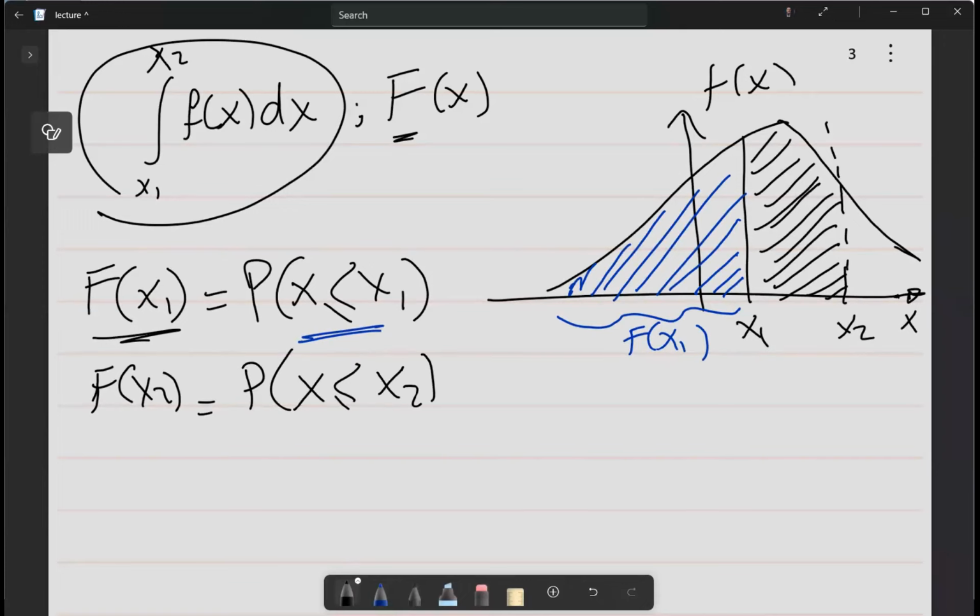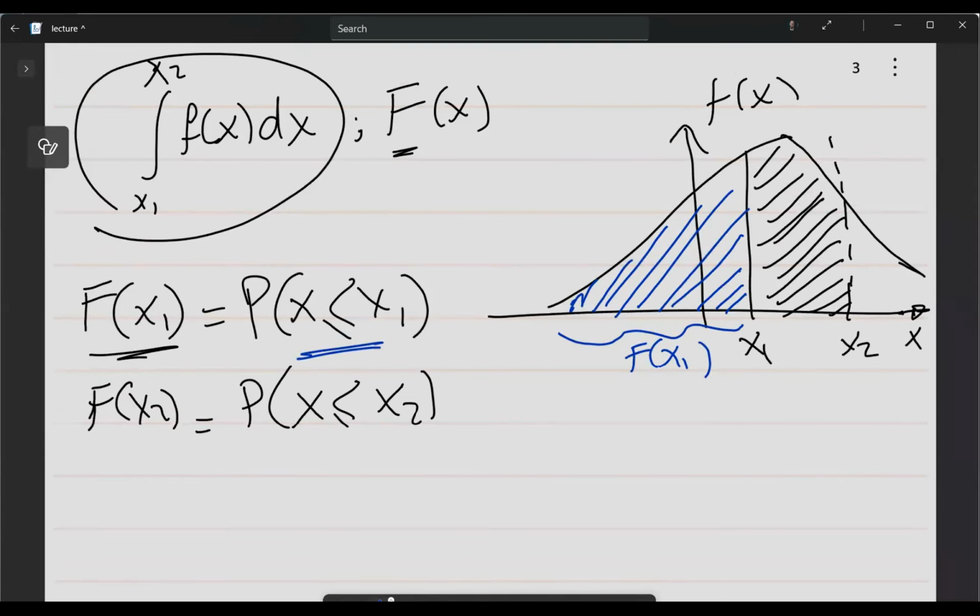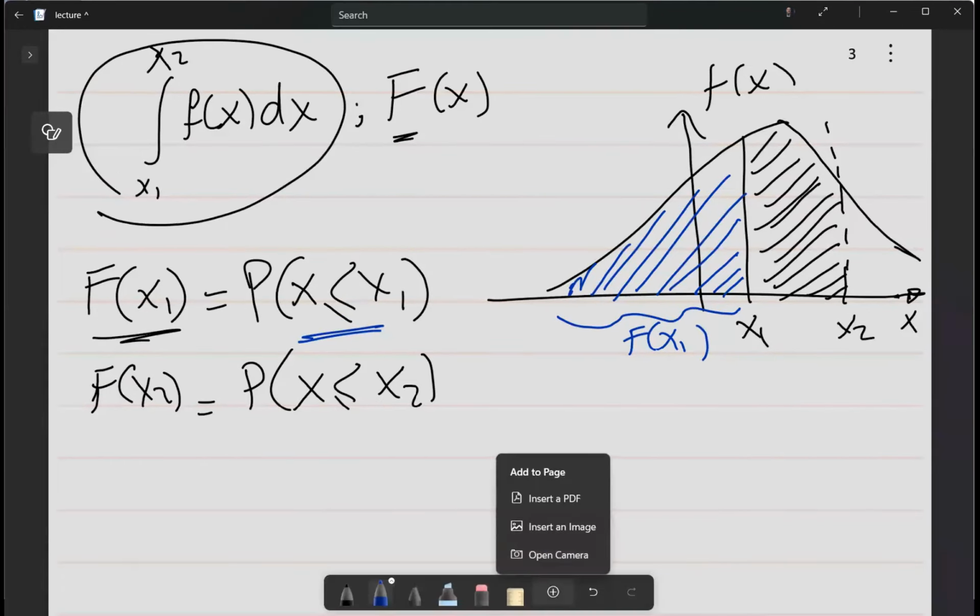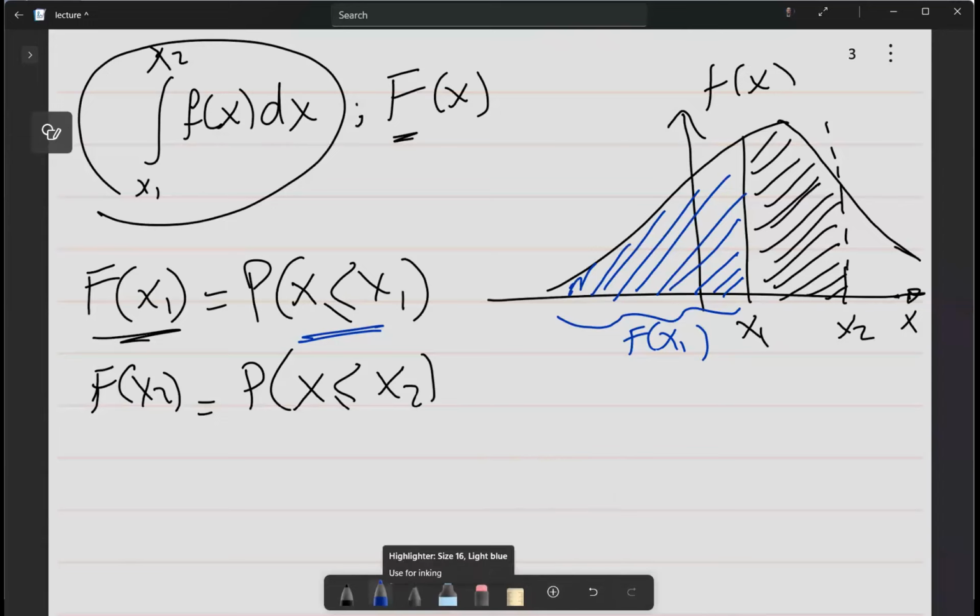So if I take another color, this probability to be less than or equal to x2 will be all this part, all this part from x2 back to minus infinity. All this part is F of x2.